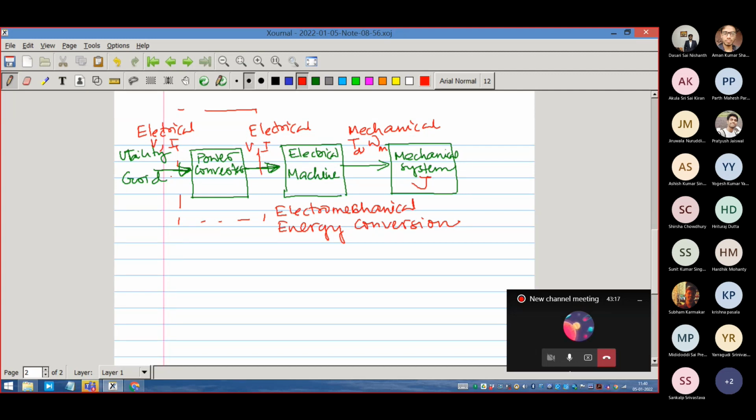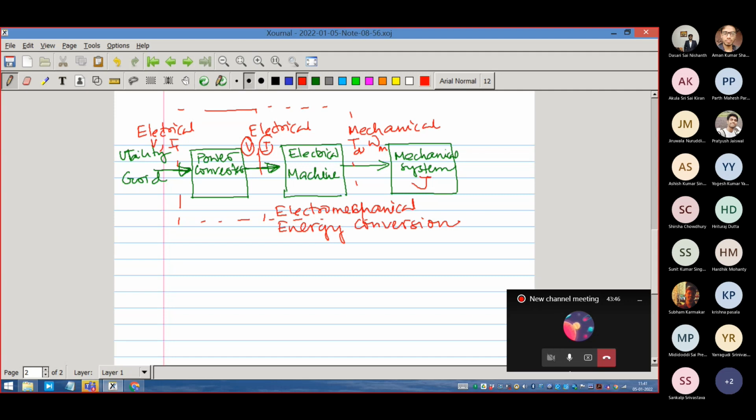And I will show you how we benefit from this. We will also consider the electrical machine a little, because without understanding the electrical machine, the power converter cannot produce the required V and I that the electrical machine requires.